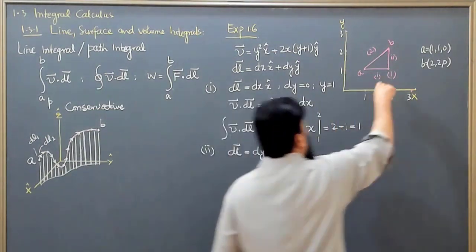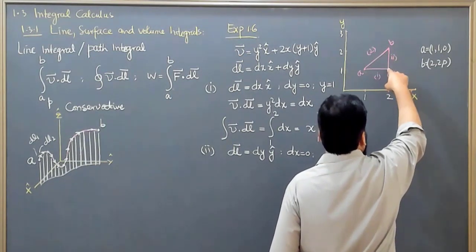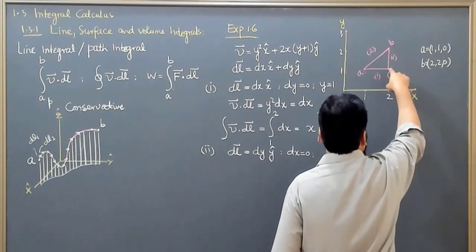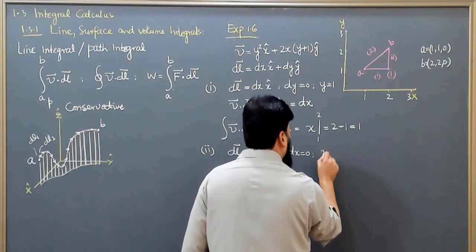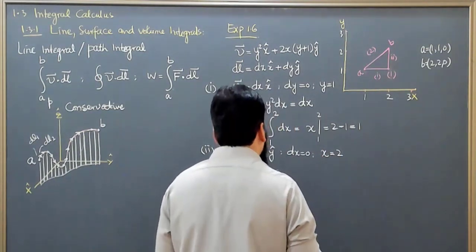And when we are going along y, the value of x here is equal to 2. So x is equal to 2 here when we are going along y.